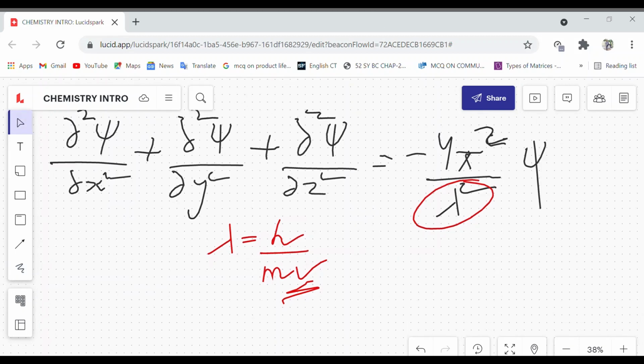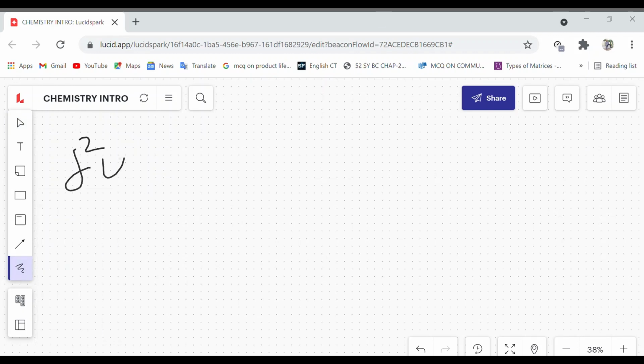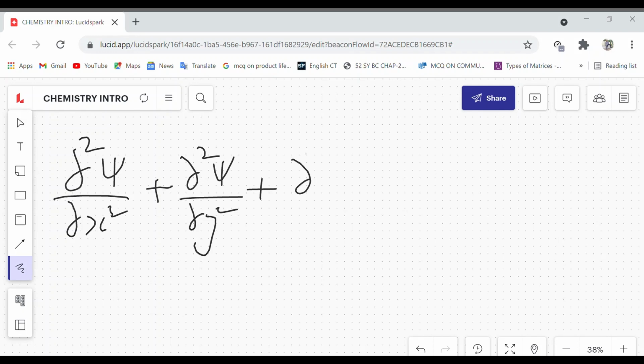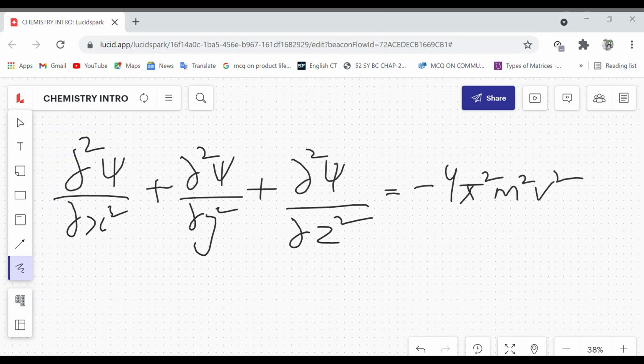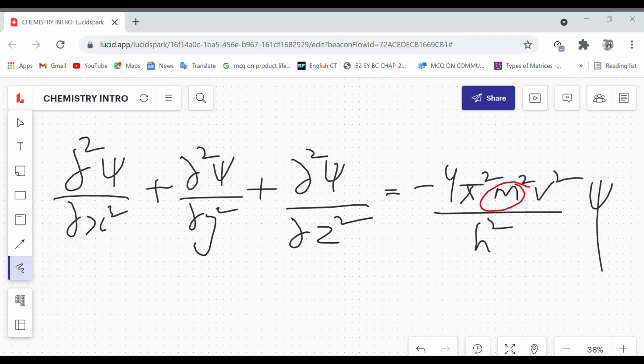So the final output would be dou square psi by dou x square plus dou square psi by dou y square plus dou square psi by dou z square equal to minus 4 pi square m square v square divided by h square whole into psi, where m is nothing but mass, v is nothing but velocity.